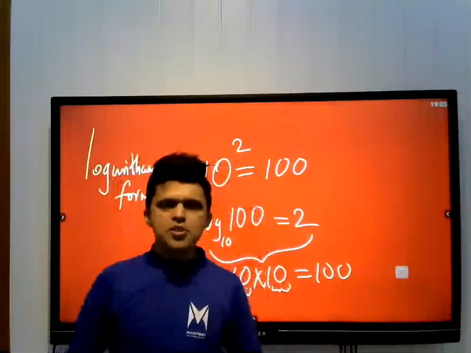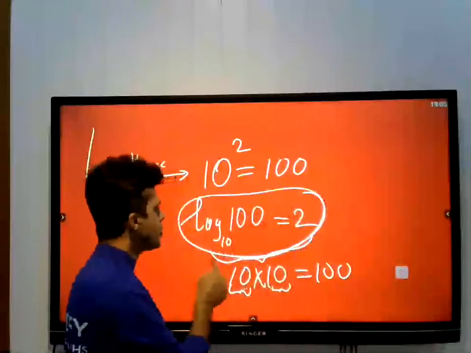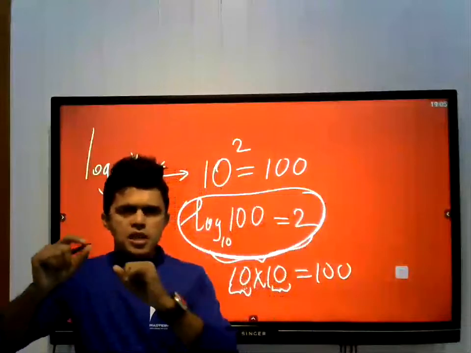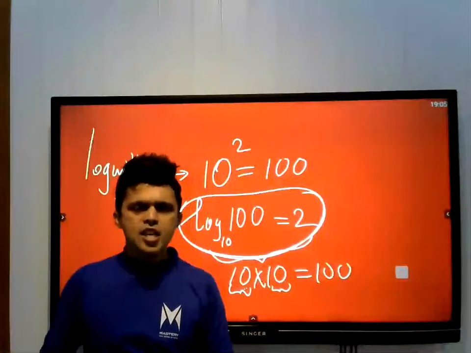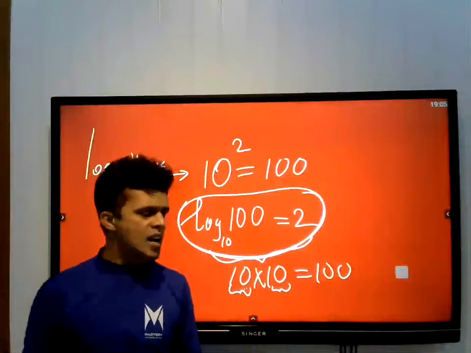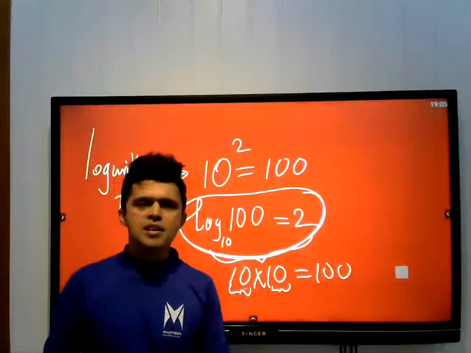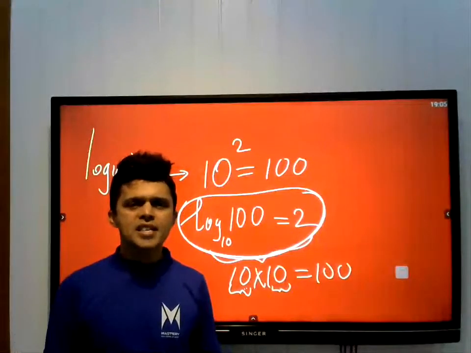Again, I will explain this. The meaning is: how many times should the digit 10 be multiplied to get 100? One time, two times. Twice the digit 10 should be multiplied to get 100.